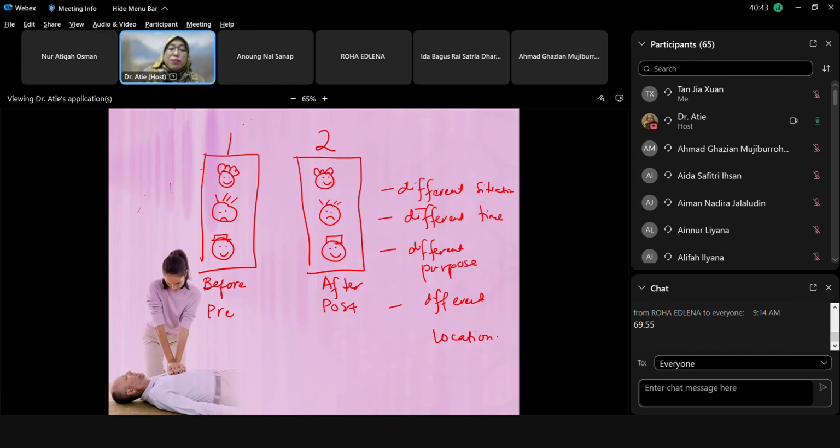We measure people's weight before the diet program and after the diet program, and that's what we call an intervention. So in the middle, we have an intervention. What does it mean by intervention? For example, we give them a workshop, a certain program for them to improve the situation. That's what we call before and after, or pre and post situation.